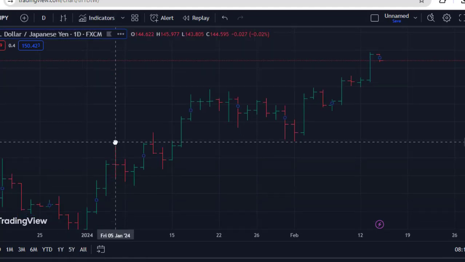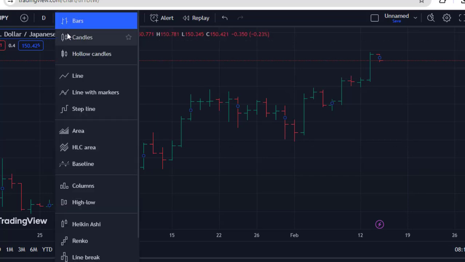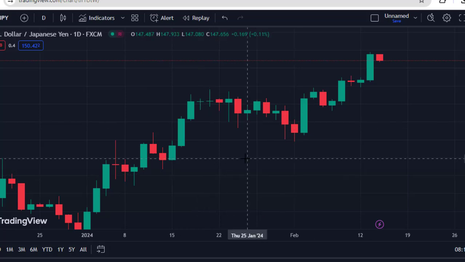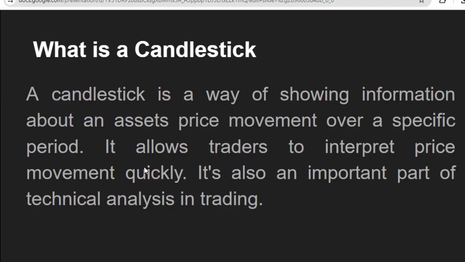The bar chart does not really give you enough information about what price did in the past, but the candlestick gives perfect information about what price did in the past, taking into consideration the high, the low, the close, everything about a particular asset within a specific period. So it is also an important part of technical analysis when you are trading.